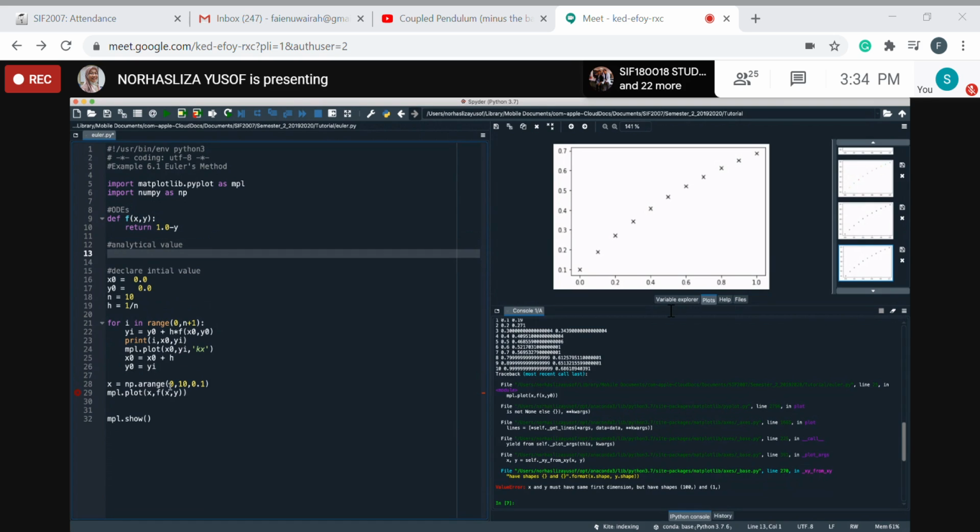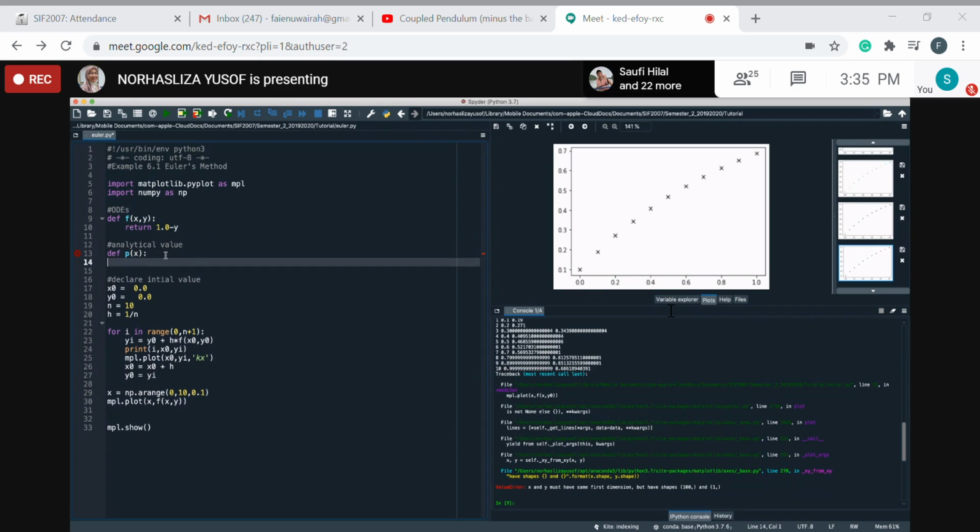Remember that last time I showed you how to solve it analytically for this one. So now I have to produce another function, for the analytical value. I named it p because I don't want it to be the same as f. It is f, but I want a different name so that it won't conflict when we calculate.